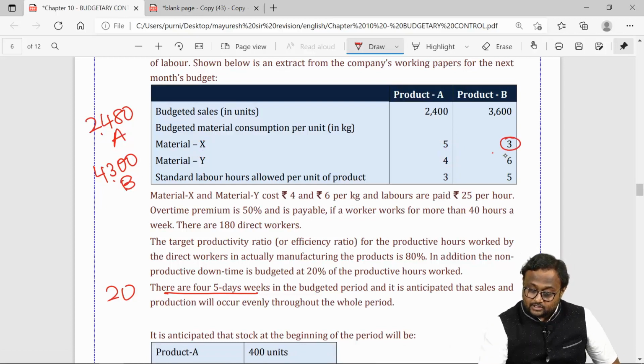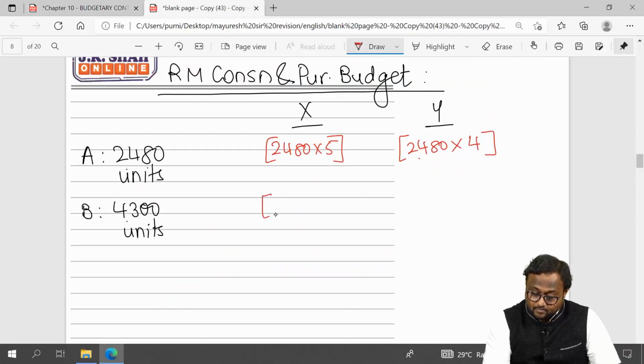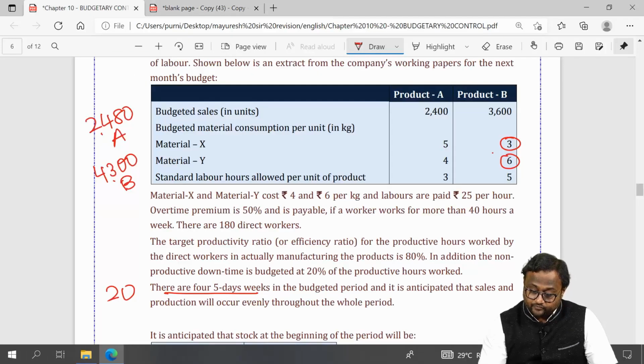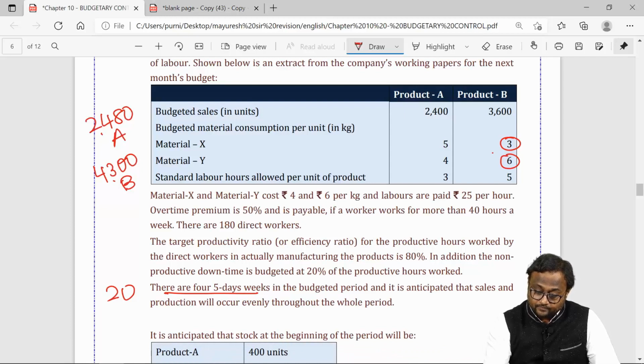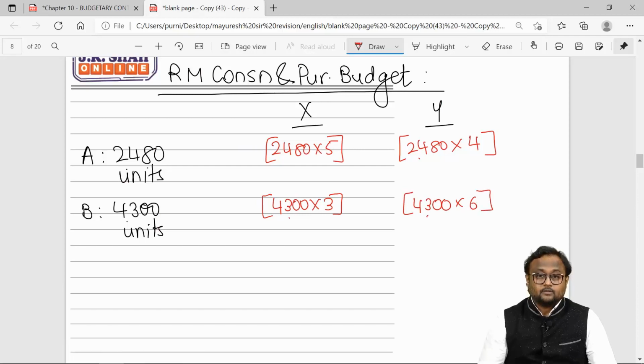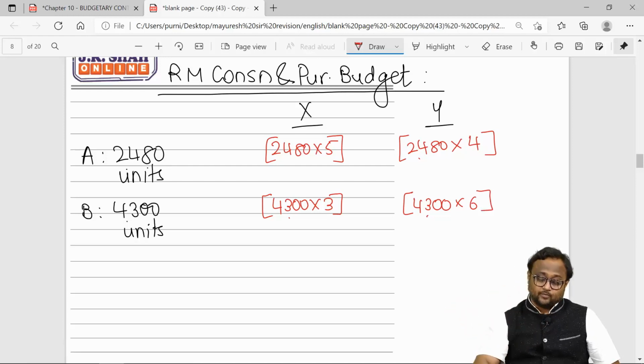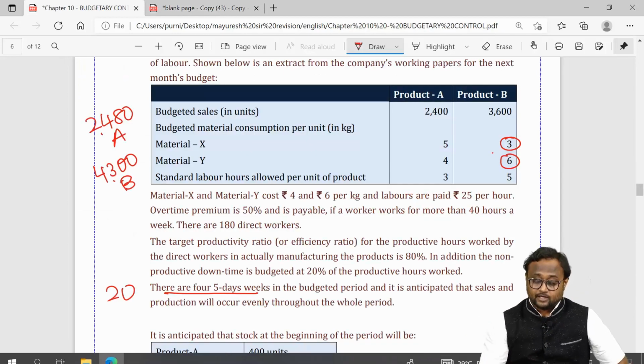B requires 3 kgs of X and 6 kgs of Y. So, have you realized one thing? You focus either on finished goods and complete the whole calculation, or you focus on material. How to focus on material?